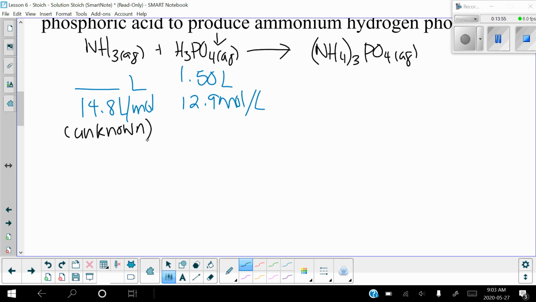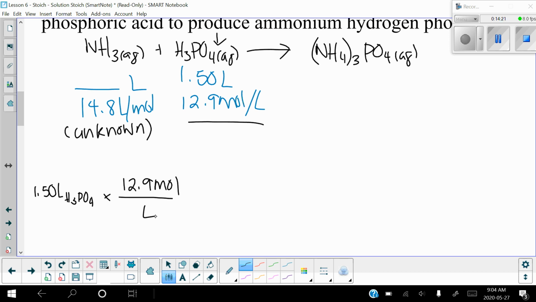So starting off with my known, I have 1.5 liters of phosphoric acid. And that's in solution, so I will be using my concentration to convert this into moles. So I multiply by 12.9 moles over liter.